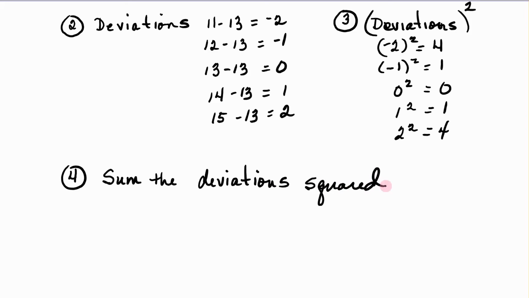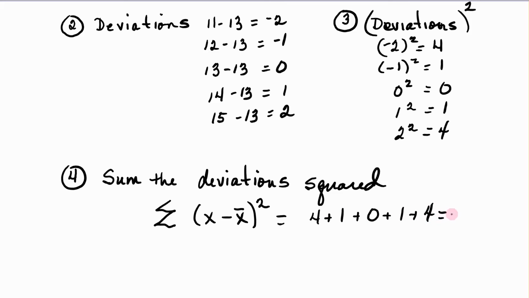Now, what that looks like, formula-wise, it is the sum of x minus x bar squared. It's the sum of the squares. So in my problem, it's 4 plus 1 plus 0 plus 1 plus 4, which gives me 10.